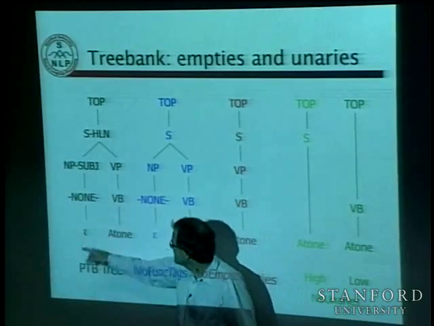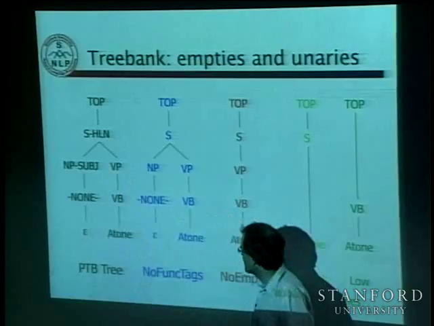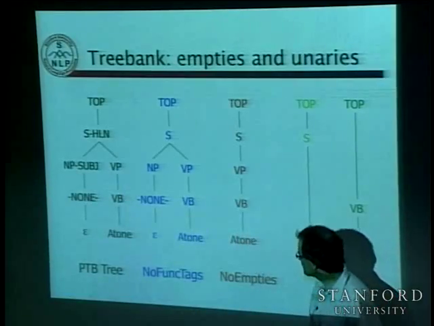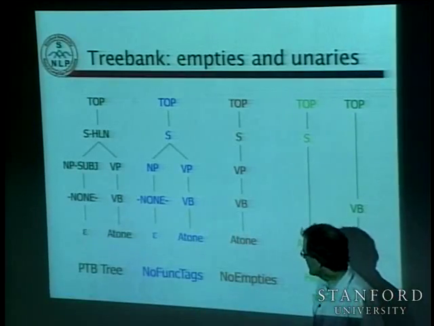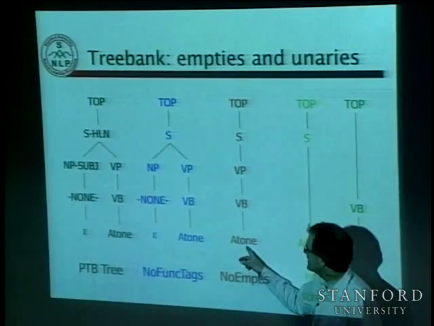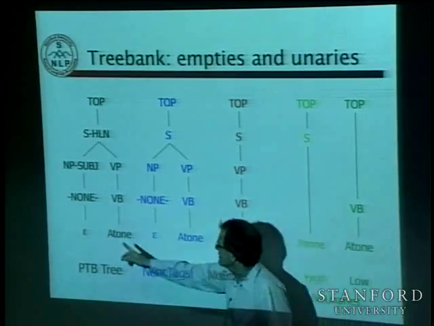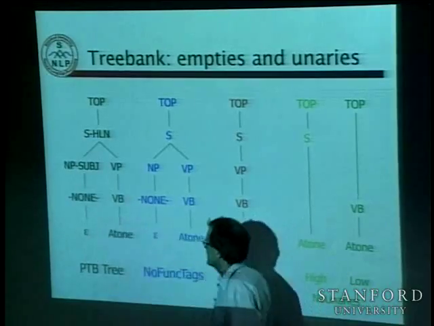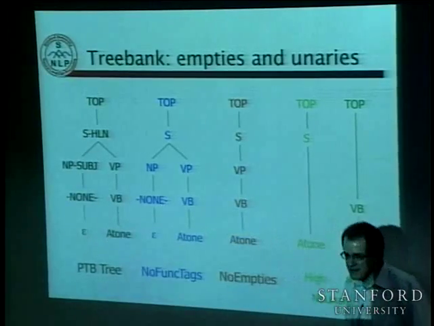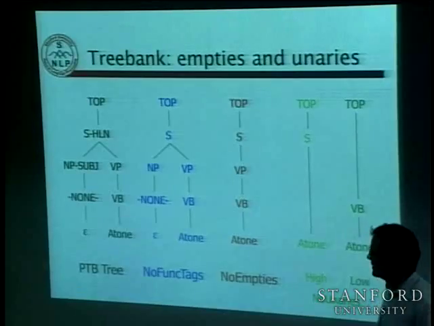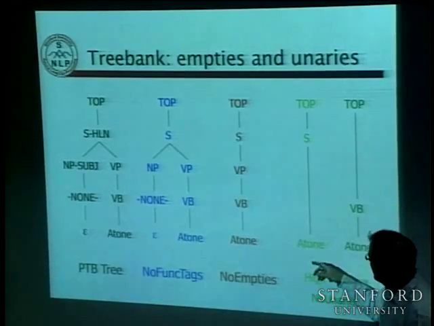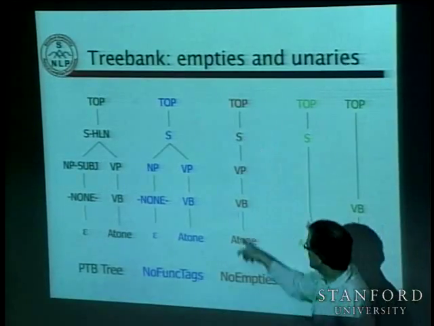So that's got both empties and unaries. What we do in the pre-processing of the assignment is we just strip out of trees all of the empty material. So all of this stuff just disappears. There are better ways to treat empties, but we don't do that. And then you're left with this long unary chain.